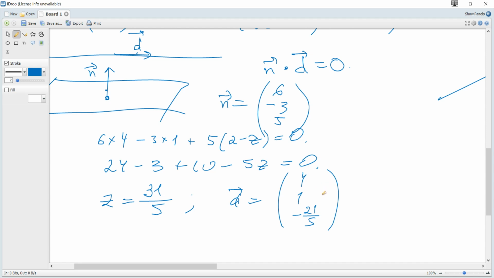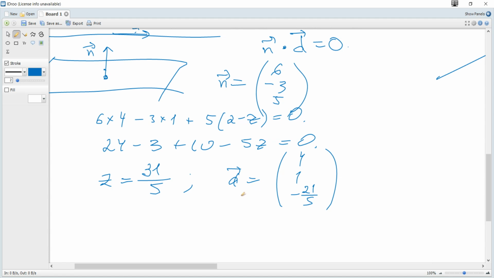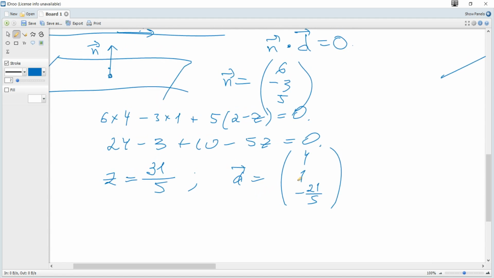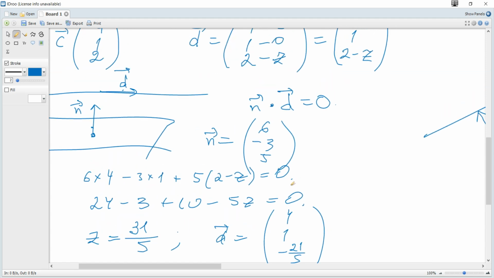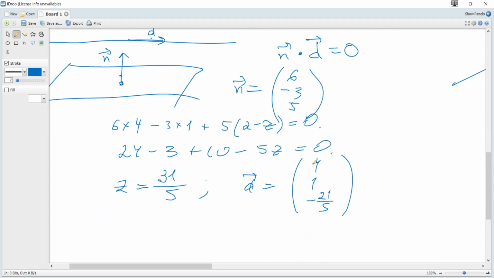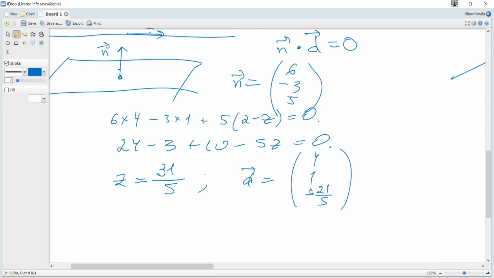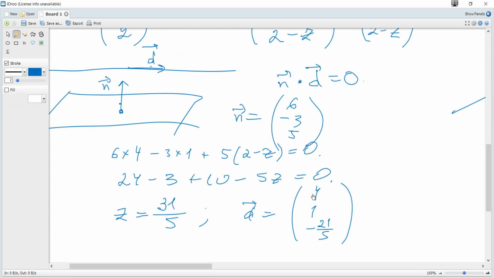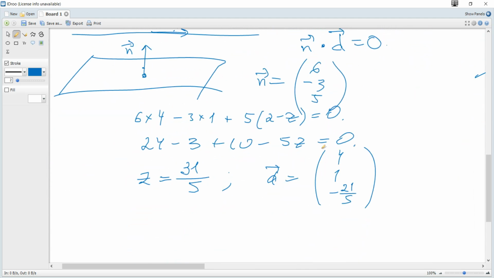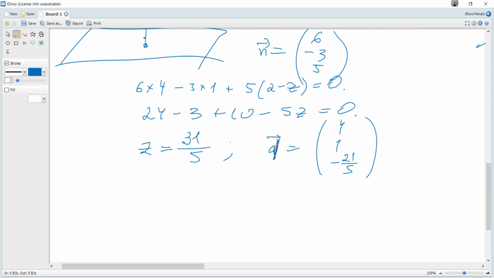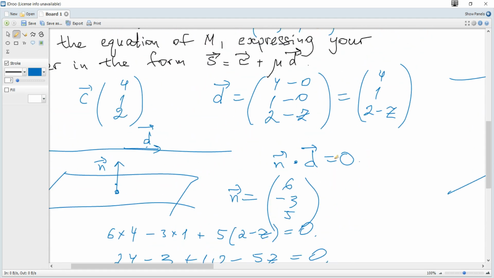It's correct, and we can write it directly like this, but usually we take the direction vector to be in smallest integers. Oh, it doesn't matter actually.